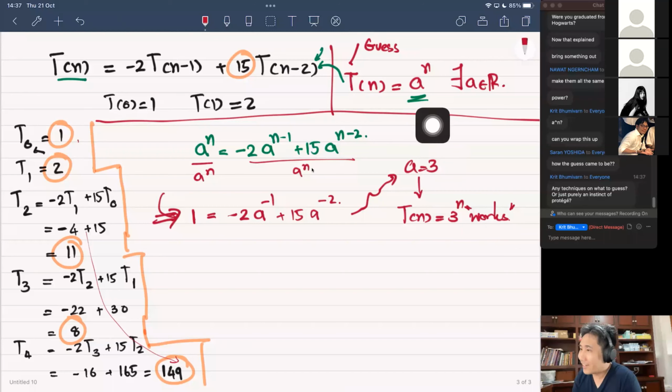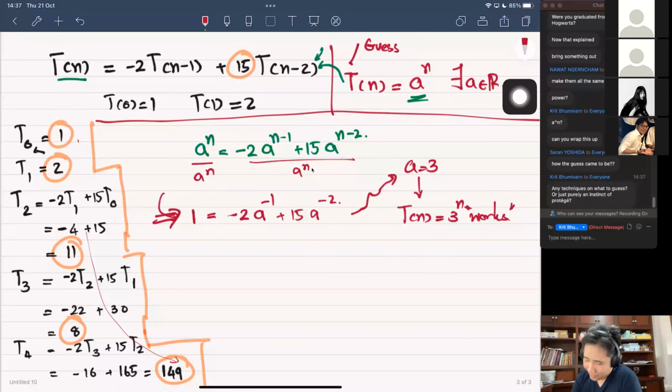Actually, there is a good reason why you would expect it to grow exponentially. If you think about it, it's piling up. If you try to expand this, like T100, then you get T99 plus T98, and each one of them expands into 2.